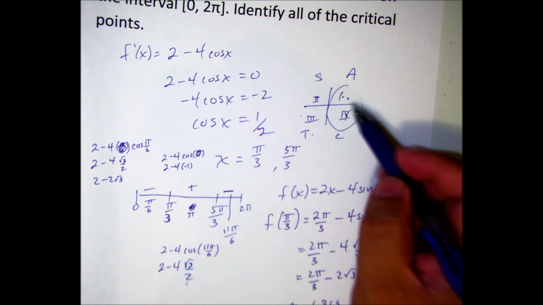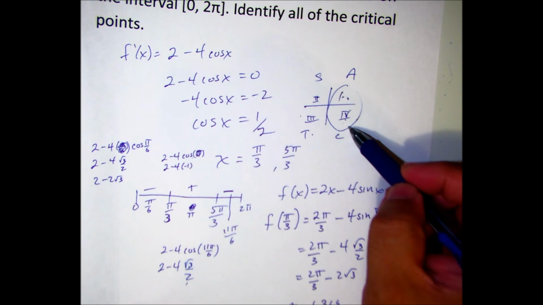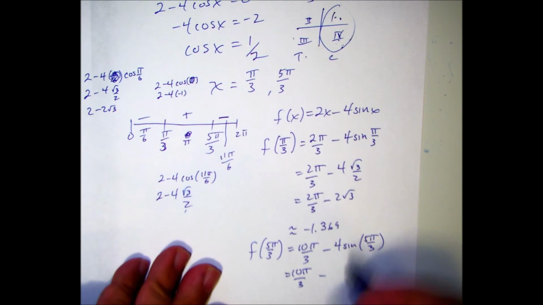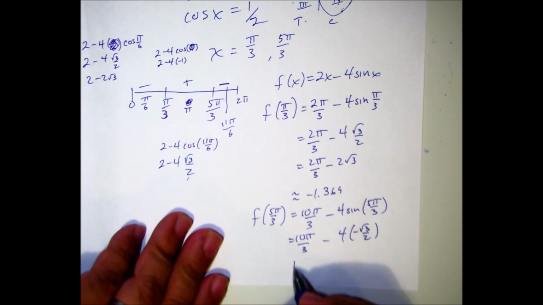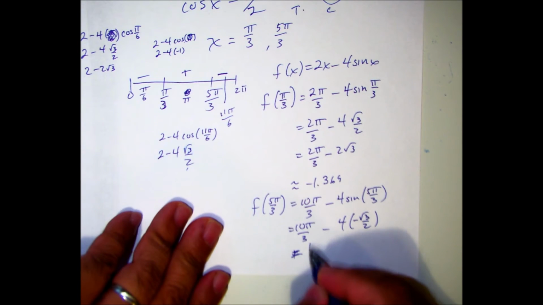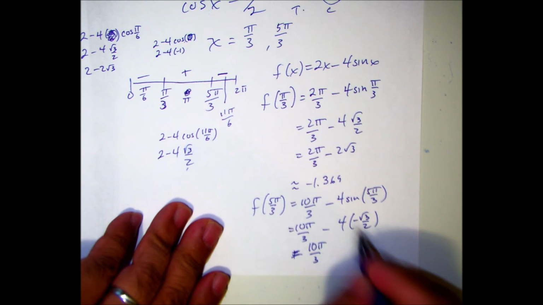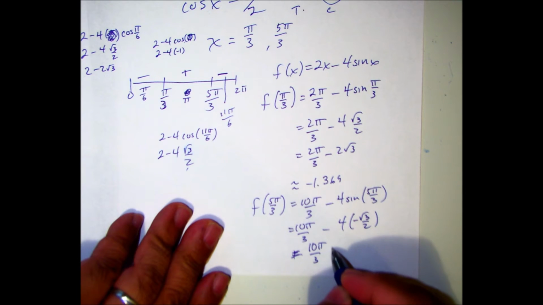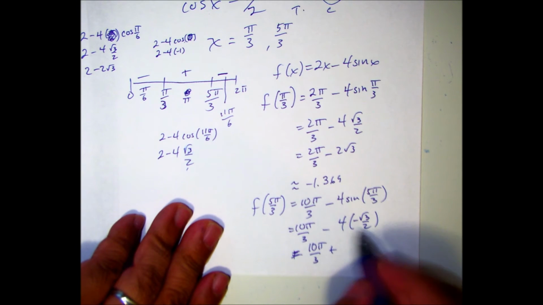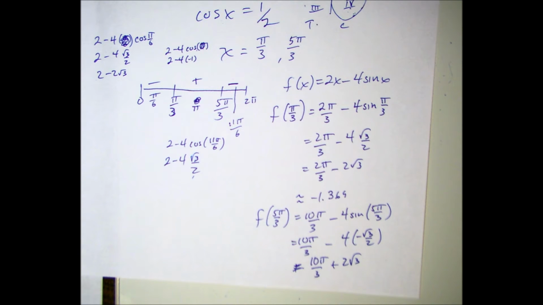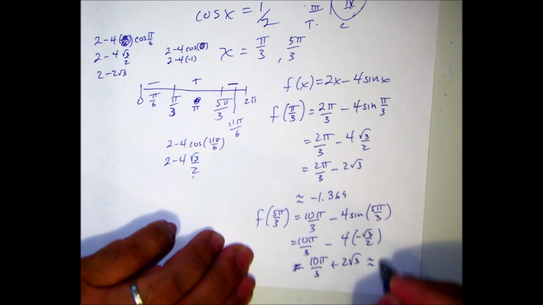This time, remember this whole thing I told you earlier? 5 pi over 3 is down here, and sine is negative, so it's negative of that version. So it's 4 times negative root 3 over 2. I don't know why I wrote a plus sign. The 2's cancel, and the minuses become plus, and it's plus 2 root 3. 13.94.